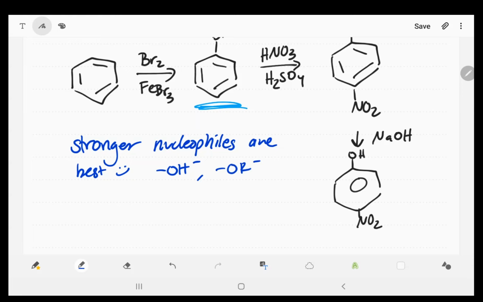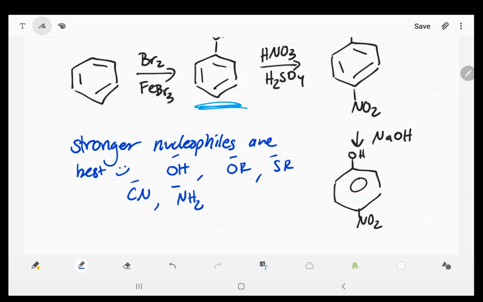I guess I should put these minus charges on their actual oxygens, but what else do we have? Sulfides, nitriles. Really, your strong nucleophiles, remember these are just localized negative charges on atoms. They're very good for this sort of reaction. Amides.